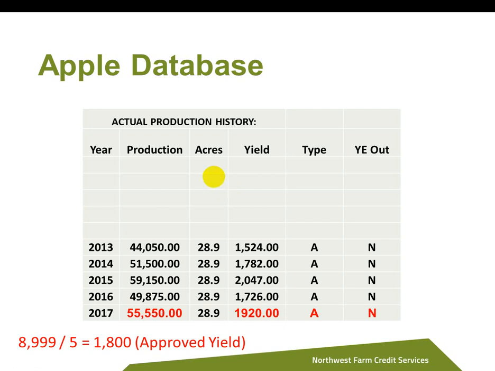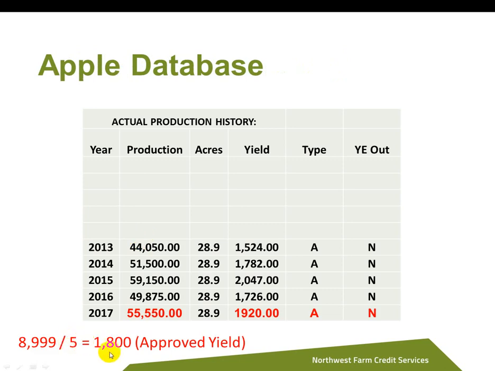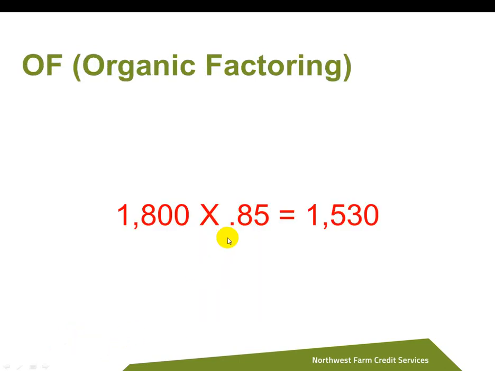You ask them with or without a certificate. 95% plus of the time they're going to say without a plan. But anyways, stepping back, what is the factor? So 1,800 approved yield multiplied by 0.85, the factor, equals 1,530.